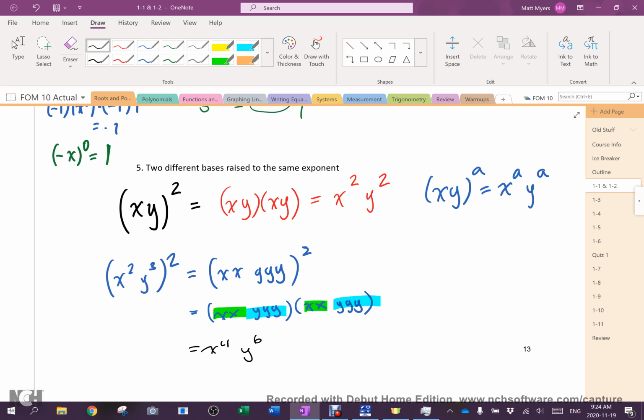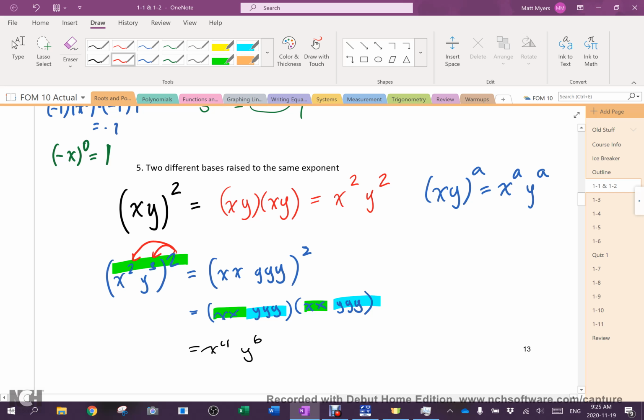But does exponent law 3 apply here? Look back to exponent law 3. Yes. When I'm going over a bracket, what did I do in exponent law 3? Multiplied. So isn't this x, 2 times 2, x to the 4th? And isn't 2 times 3, y to the 6th? Yes. So we're good, yeah?